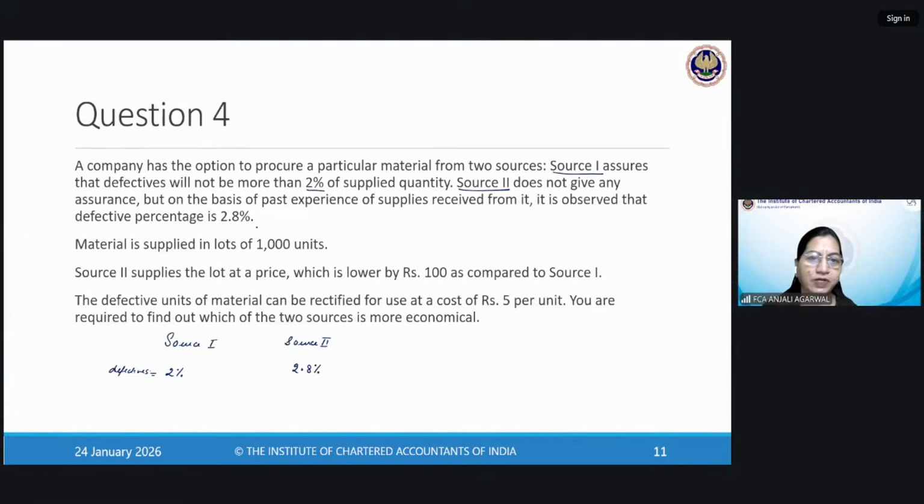So you have 0.8% extra defectives. And how much is the material supplied in? The material is supplied in lots of 1,000. So it is observed that material defective from second vendor is 2.8% on the basis of past experience. The source one is promising not more than 2%.